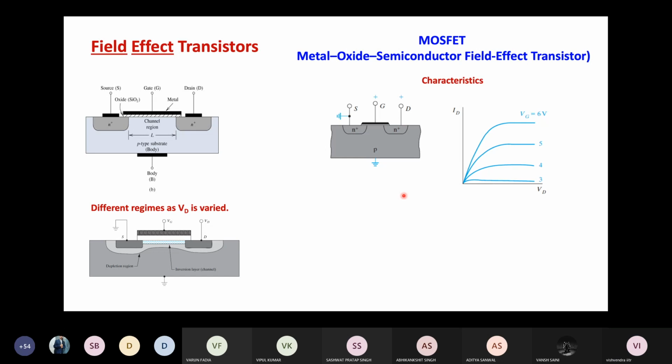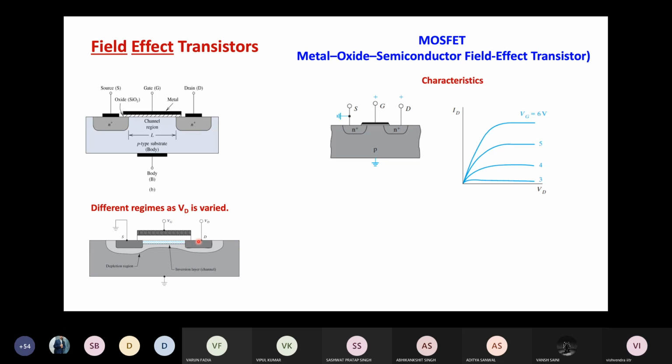The gate voltage is constant most of the times. As soon as we apply drain voltage, on this side of the MOSFET, the voltage difference between the channel and the gate starts reducing.